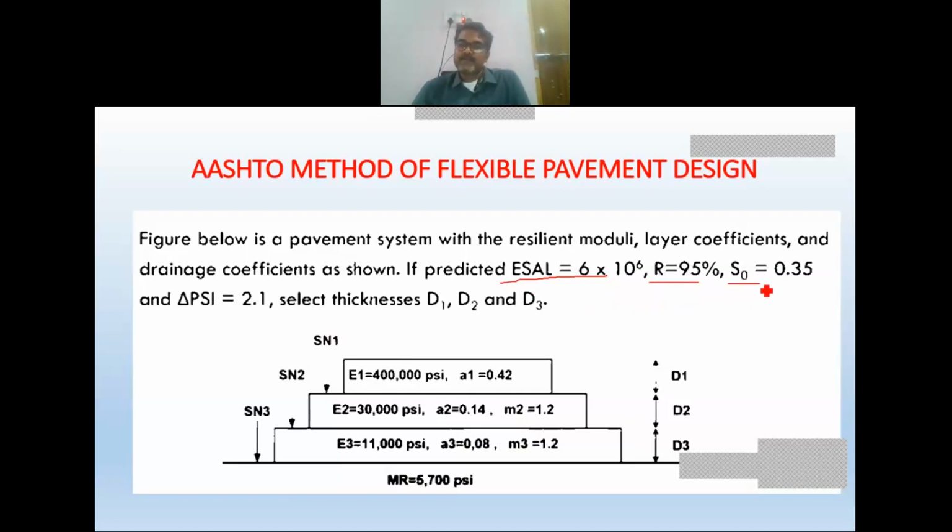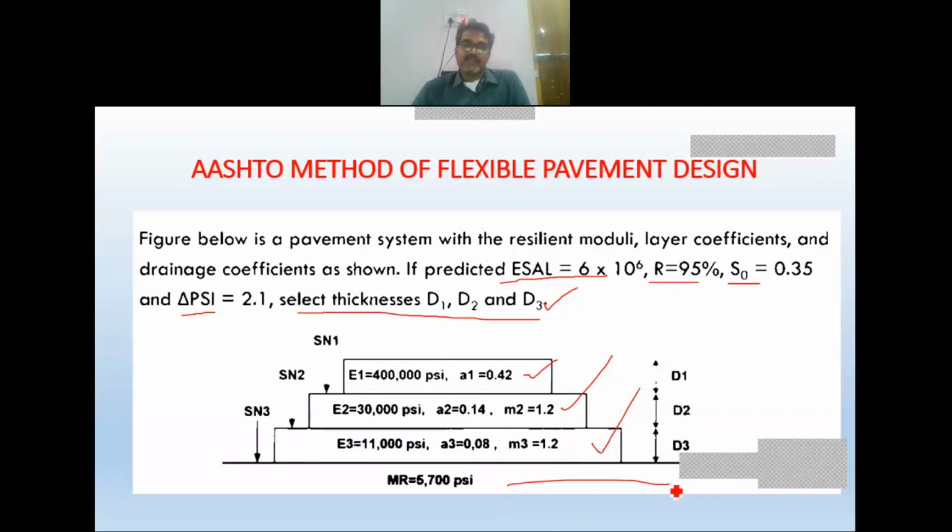Then this is standard deviation, okay, and delta PSI, pavement serviceability index, and you are asked to design D1, D2, and D3. That means thickness of flexible course. Okay. Now this is the topmost layer, obviously asphalt concrete. This is base course, and this is sub-base course, and all these three layers are laid on the soil subgrade.